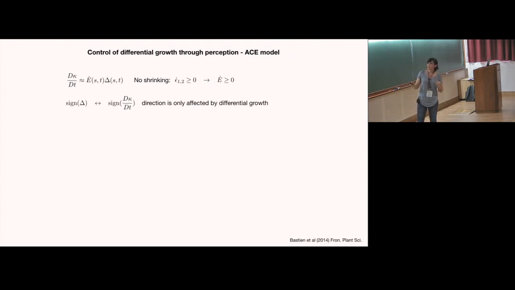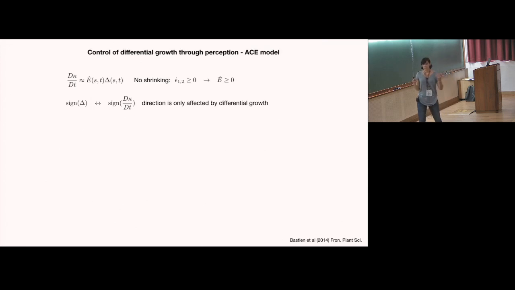So let's look at this. We said that we don't have any shrinking, right? So both small epsilons are always larger than 0. So this means that the average growth rate is also positive, always, okay?